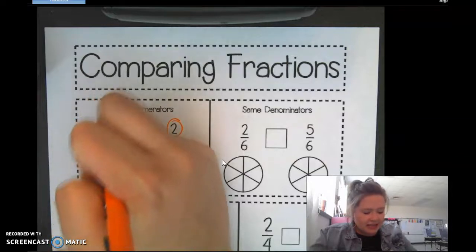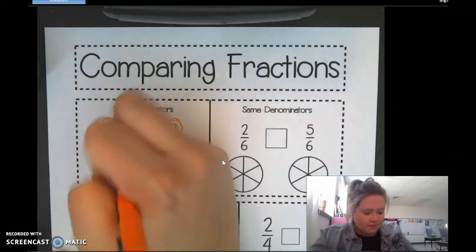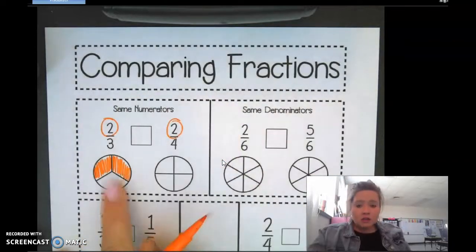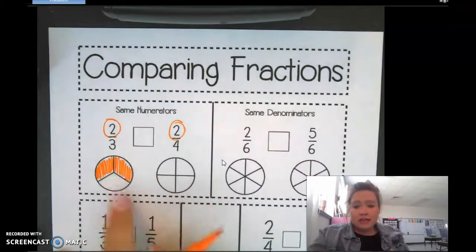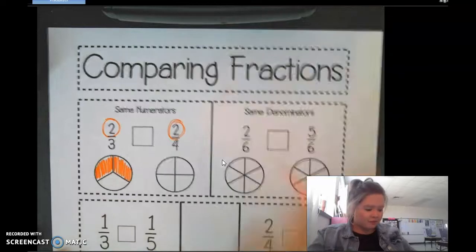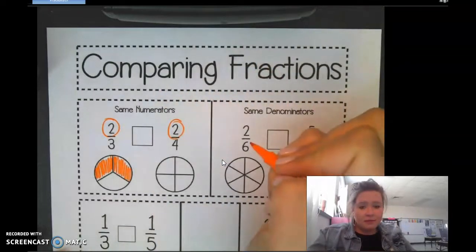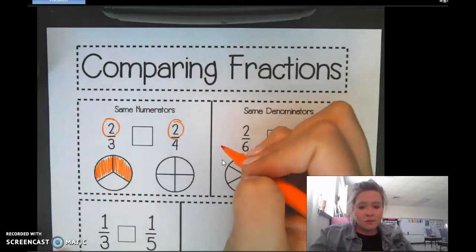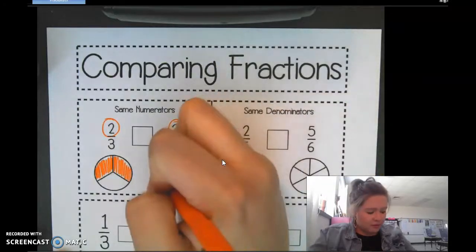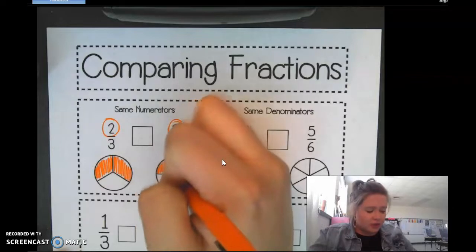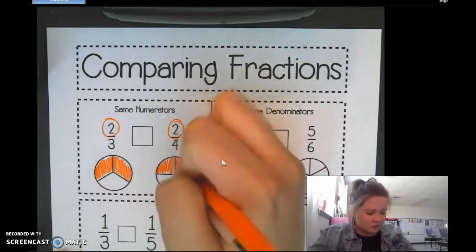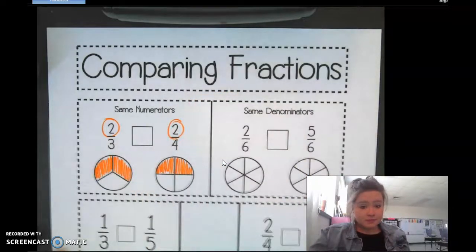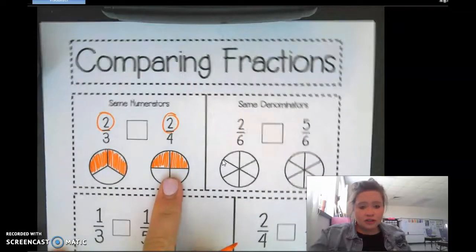And in this case, I'm just going to shade them. All right. So 2/3 is being shaded. Okay. And then here, how many parts are going to be shaded? Good. 4 parts. Good. 2 parts are shaded.